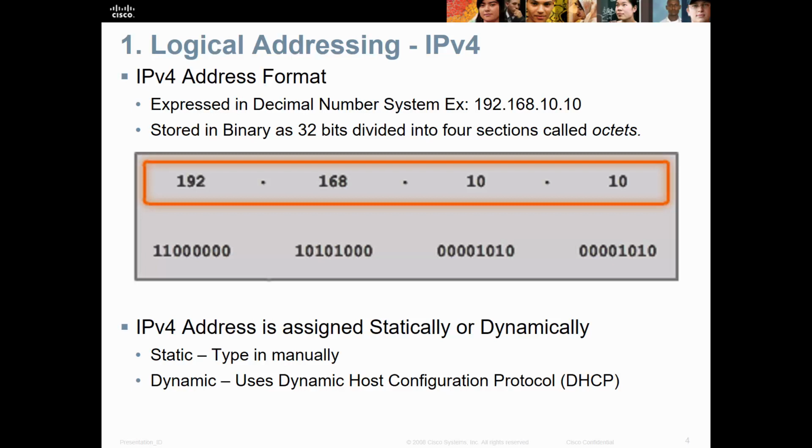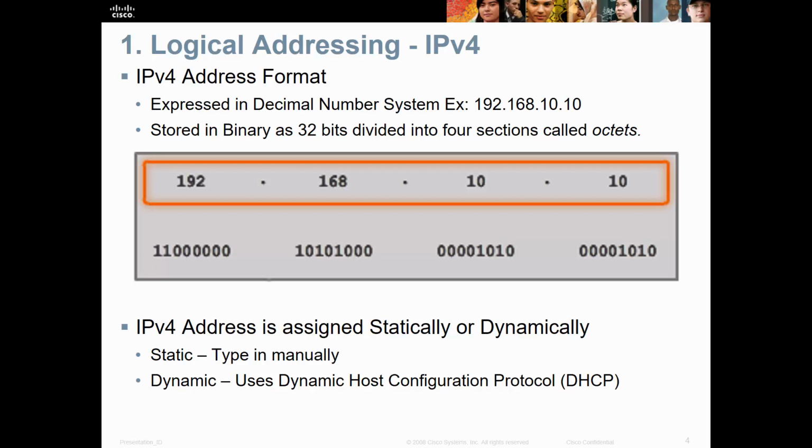When we type in the IP address in the decimal format that we're familiar with, each number gets translated into memory in machine language as 8 binary bits of ones and zeros. We call it an octet.